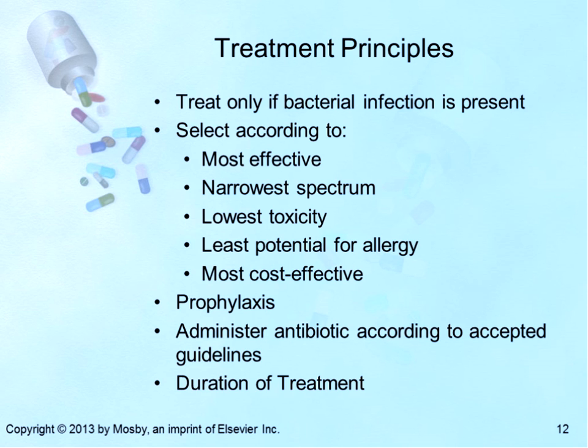We must consider both the drug characteristics as well as the patient characteristics when choosing an antibiotic. We must only treat if a bacterial infection is present. Many times patients will come into the office with a sore throat and they're set on the fact that they have a strep throat and need an antibiotic. But we need to ensure that a bacterial infection is present so that we don't build up this resistance and don't treat unnecessary infections.